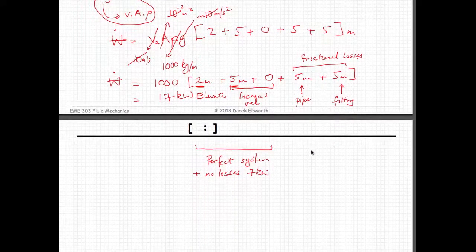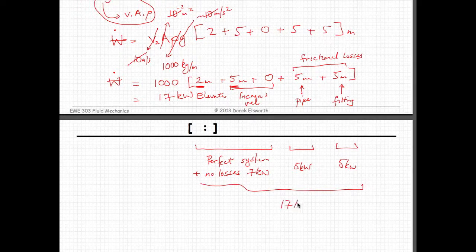So in our particular case, this extra portion is 5 kilowatts, and due to the fitting is 5 kilowatts. And so the total for all of these is 17. So it gives you at least some idea of the magnitudes of the power that you'd need, and therefore the capacity of the motor that you'd need to drive that thing.